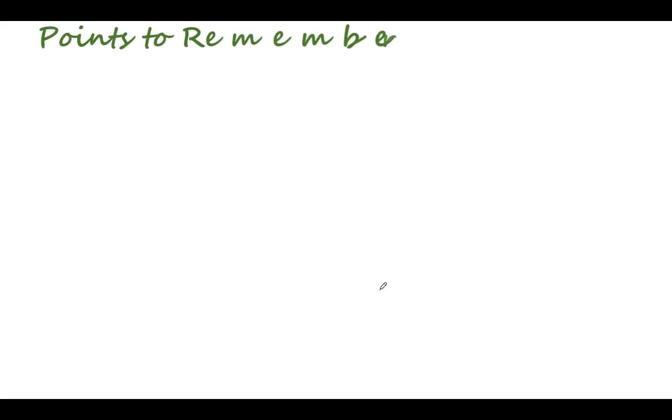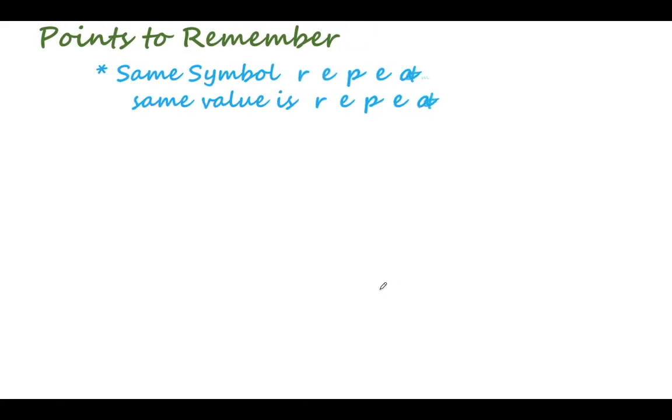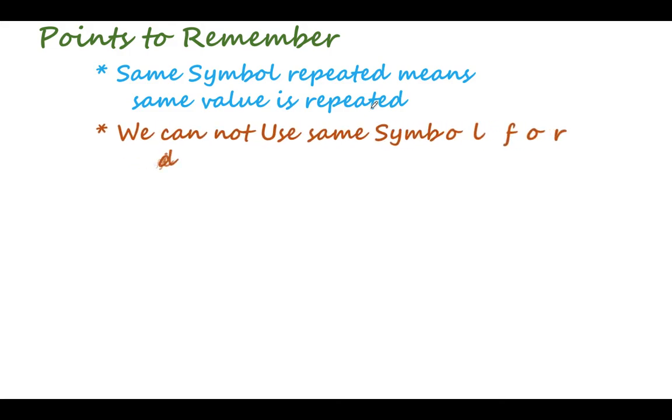Now there are some points to remember. Same symbols mean the same value is repeated. So if you have x at the same time, that means this x is being repeated again and again. So x means we have the same thing repeated. Now we cannot use the same symbol for different values.